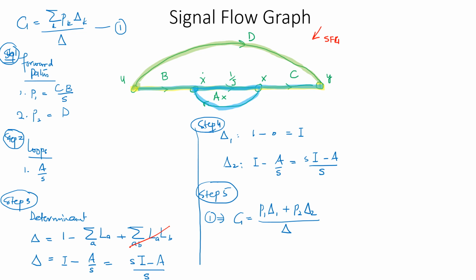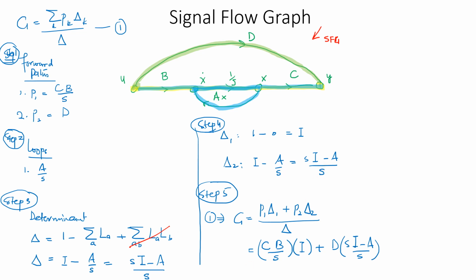So this is going to be equal to P1 is CB over S. So in that particular sense, I'll say that CB over S can be written. Then delta 1 is identity matrix. So that's there. And then you have P2, which is D, and then delta 2, which is obviously already written down, Si minus A over S. You can see that delta 2 over there.